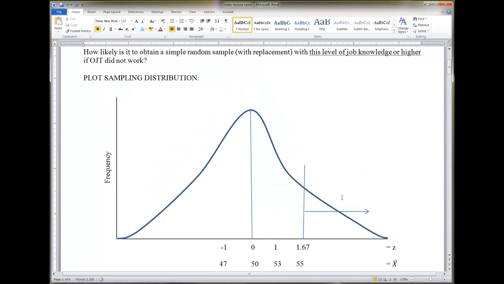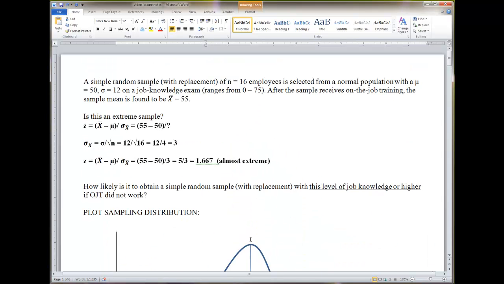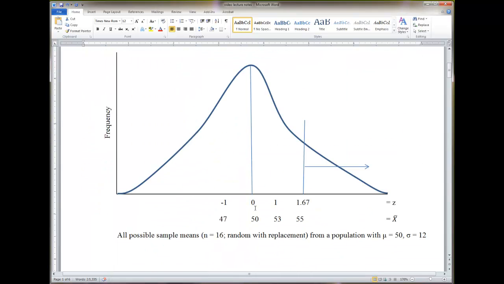If we draw out our sampling distribution, you'll see that the population mean is 50. And remember, according to the central limit theorem, the population mean equals the mean of the sampling distribution. So we can plot that right in the middle here. So 50 is the mean of the sampling distribution. That always has a z-score of 0.